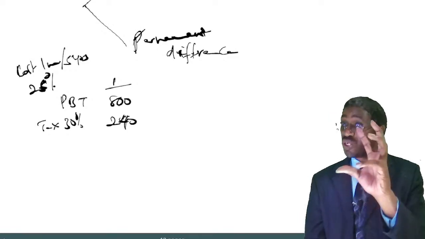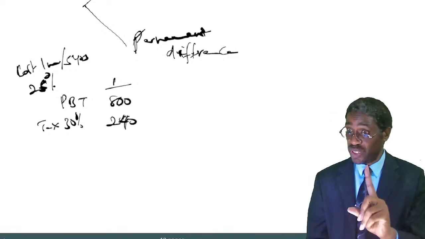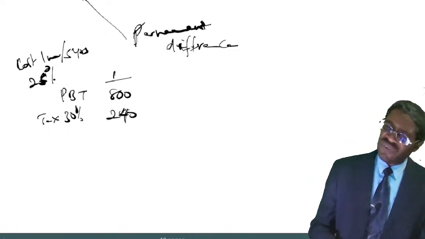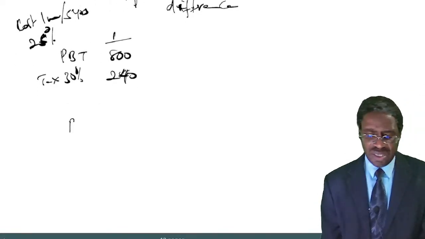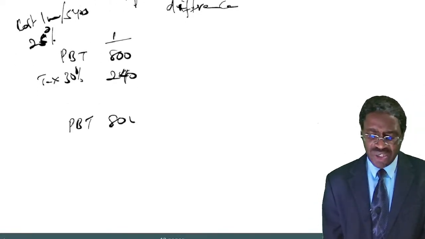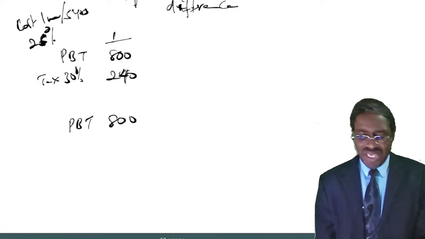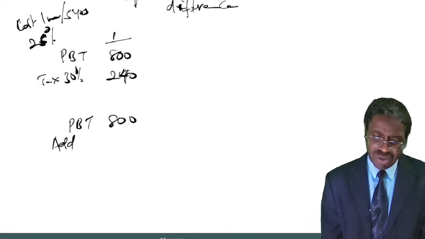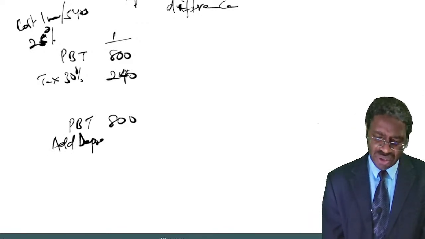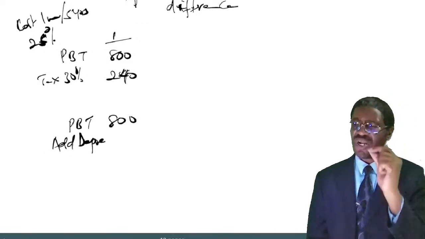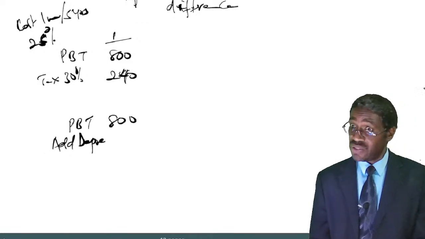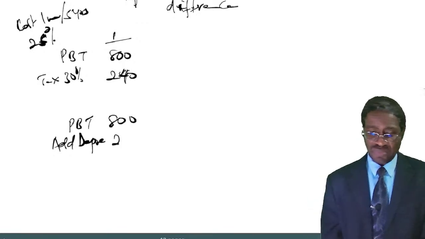That's what you thought you will be required to pay. But when you gave the taxman that 800, he took your 800 and added back your disallowable depreciation. He does not recognize your depreciation. It is 200.